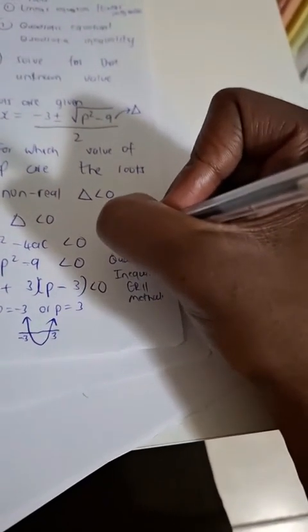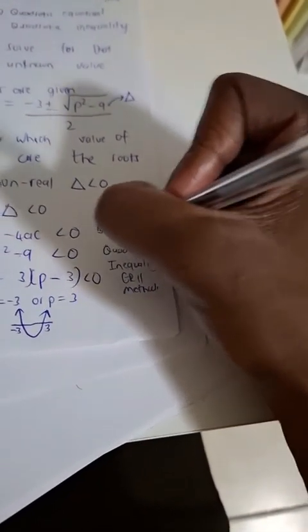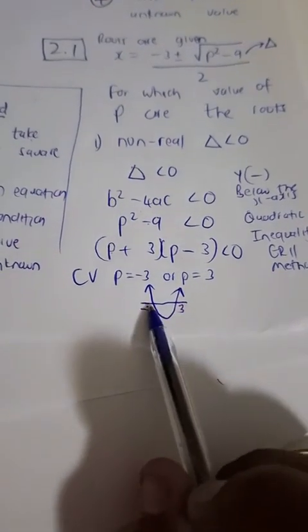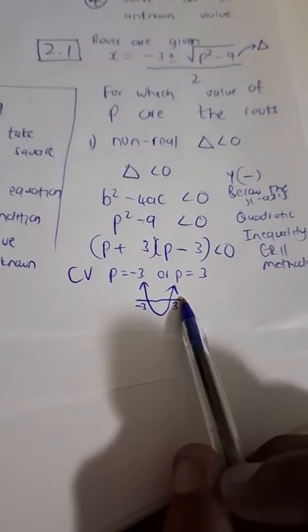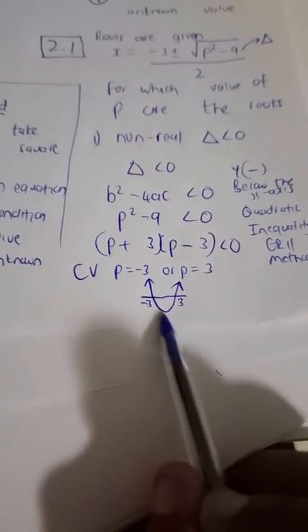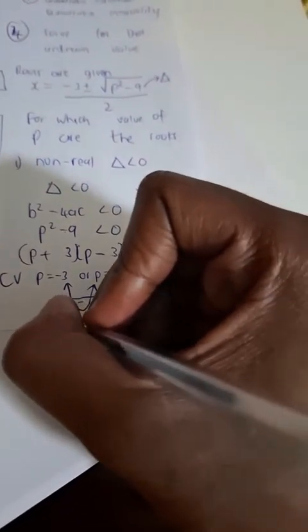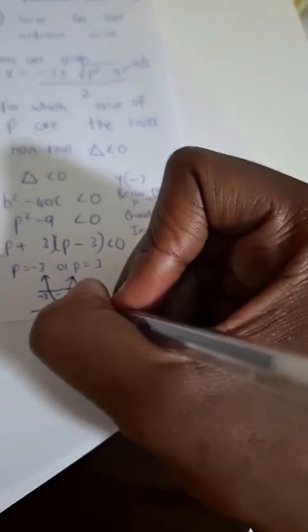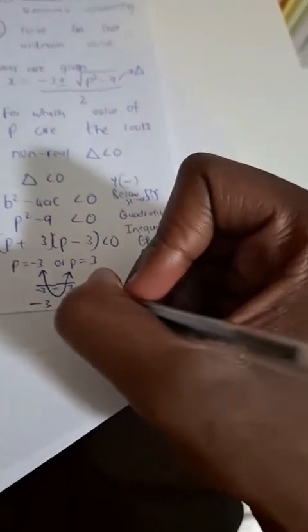And that means below the x-axis, in other words. Where y is negative, we know that y is below the x-axis. So that means that's here. When we write our answer, we're going to say -3, P in the middle, 3 on the other side, less than.